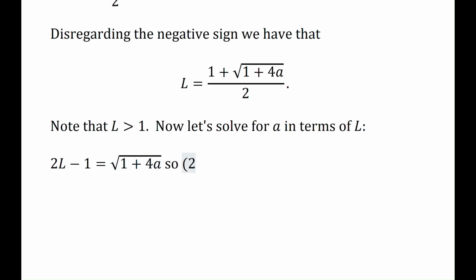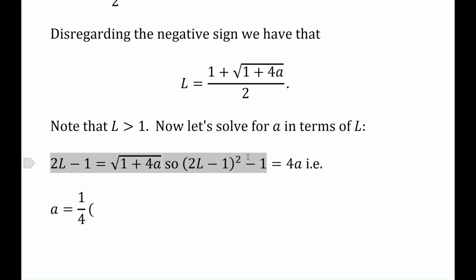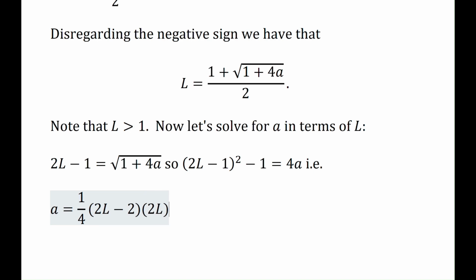So (2L minus 1) quantity squared minus 1 equals 4a, i.e. a is equal to 1/4 of, now I can factor this as (2L minus 2) and 2L. And we can actually cancel a factor of 4 to get L times (L minus 1).